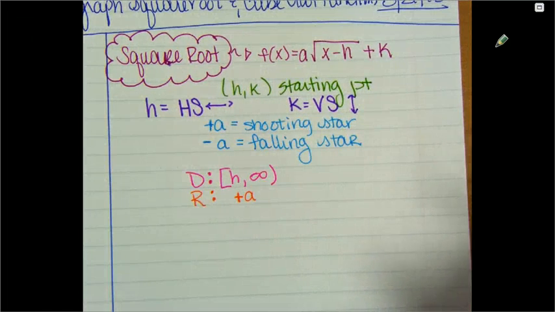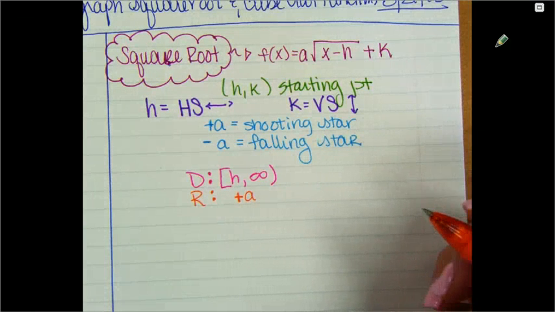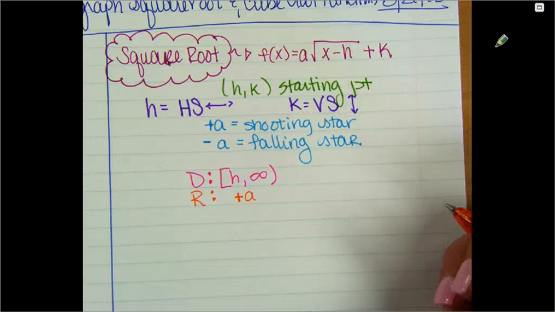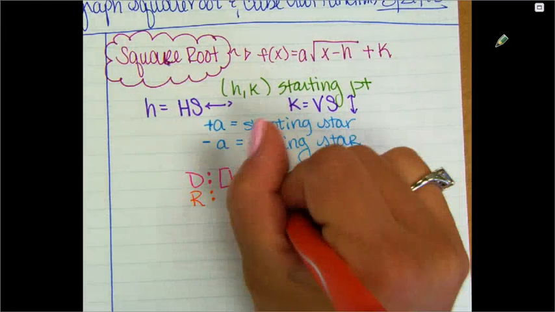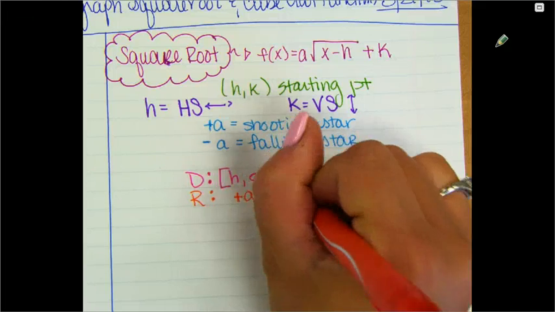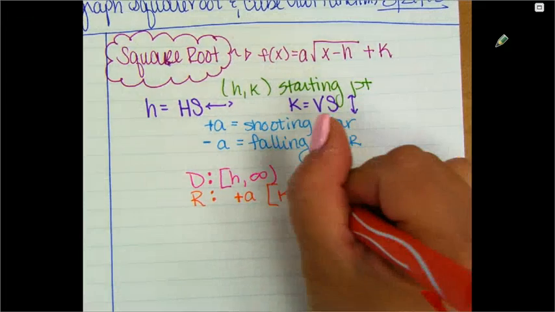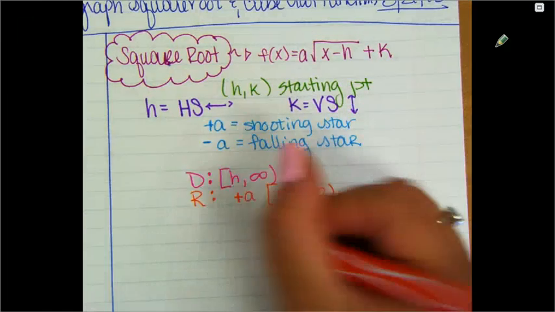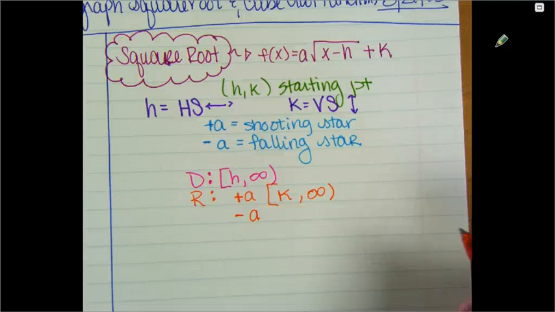So if you have a positive A, remember it looks like this. You're kind of shooting off into space. Where are you starting? At K. And you're going to where? Positive infinity. But if you're negative, I can't really do it, but you start here and you go like that, right?